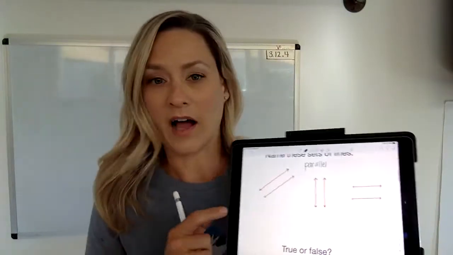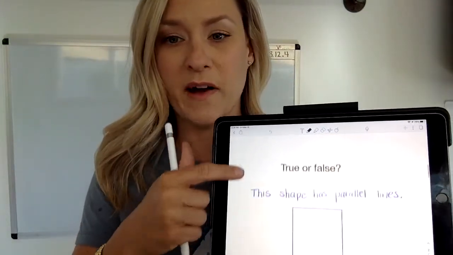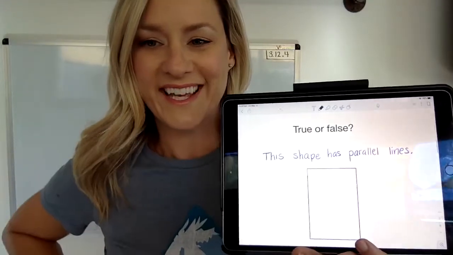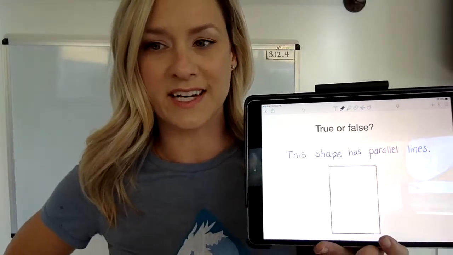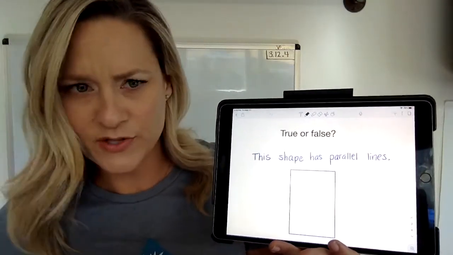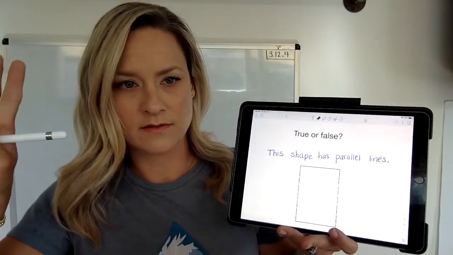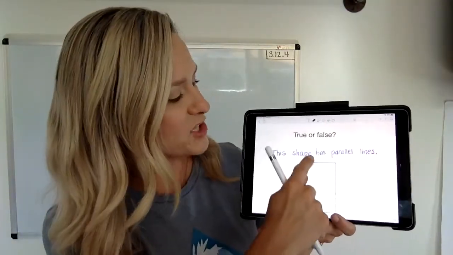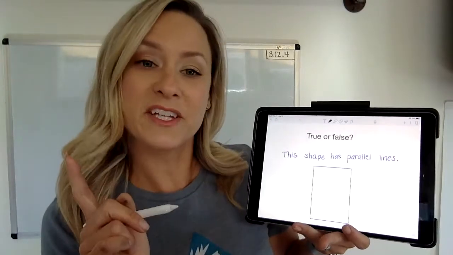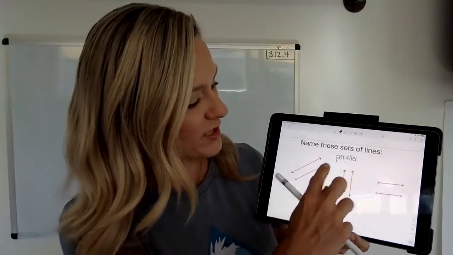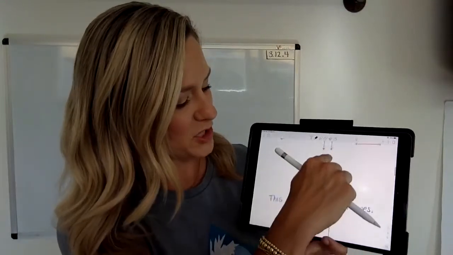Okay, I've got a little true or false for you. Are you ready? This shape has parallel lines. True or false? All right, who says true? I say true. Do you say false? Okay, this shape has parallel lines. And you're right if you said yes, it's true, because we just heard that parallel is moving in the same direction.